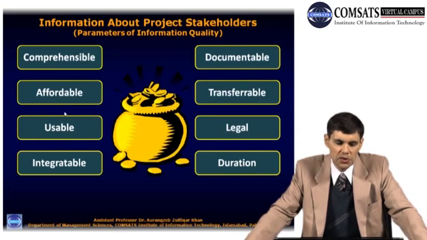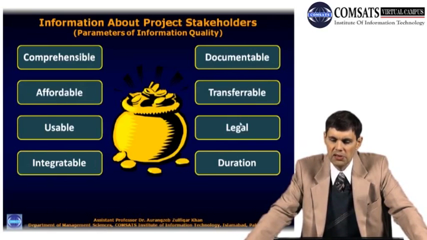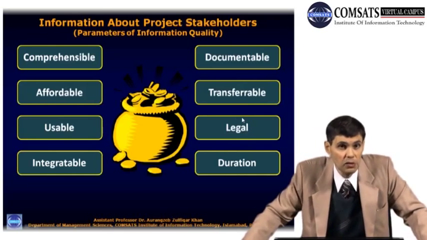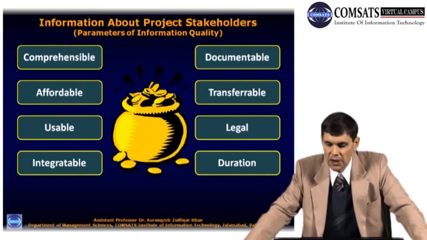Can you use it, or are you not allowed to use it for some reason or the other? Is it integratable with your other sources of information, for example, with your databases? Is the information documentable? Is it transferable? Is it legal? Have you got it through legal means, or have you got it through some eavesdropping, spying, which may not be legal? And for how long is the information going to be valid?